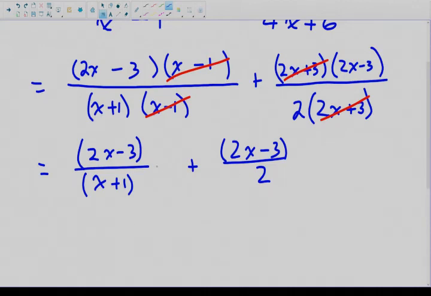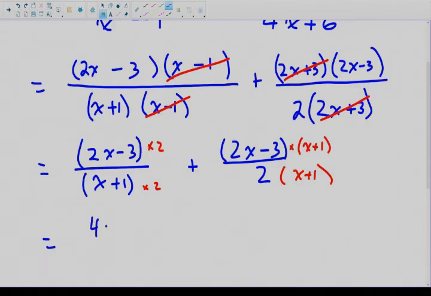So we're going to multiply the top and the bottom by 2. Let me use a different color for that, because that's the denominator that's missing on this side. Over here, we're going to multiply by x plus 1, top and bottom. So what is that going to look like? I'm going to distribute the 2 in because we know from previous examples that we're going to have to do that anyway.